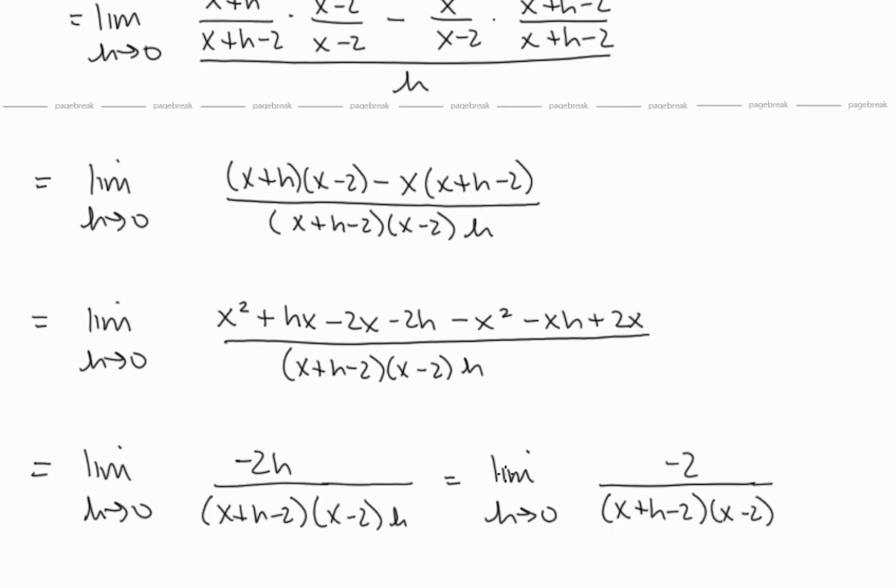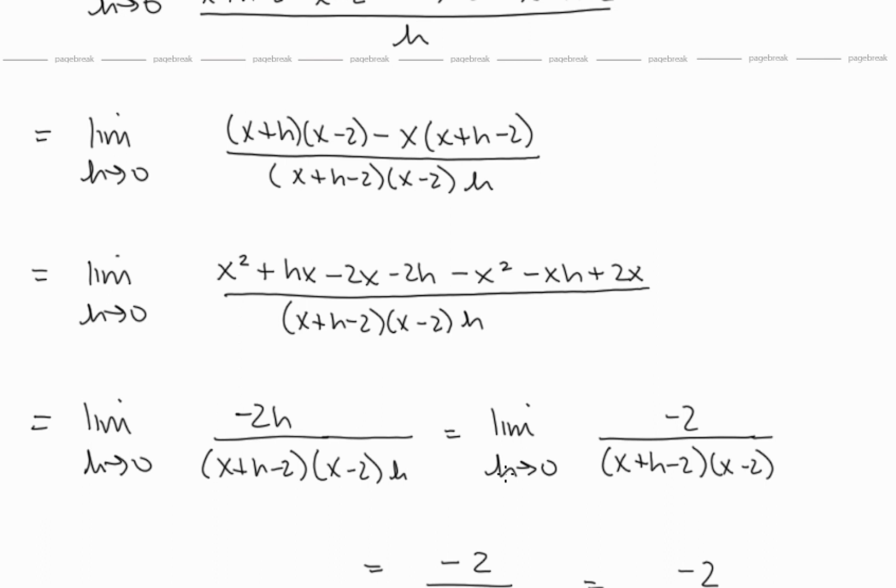Let's multiply out in our numerator so we can simplify. We have x squared plus hx minus 2x minus 2h, and then minus x squared minus xh plus 2x. And so we're here. We see our x squareds cancel, our 2x's cancel, and even the hx and xh will cancel additively.